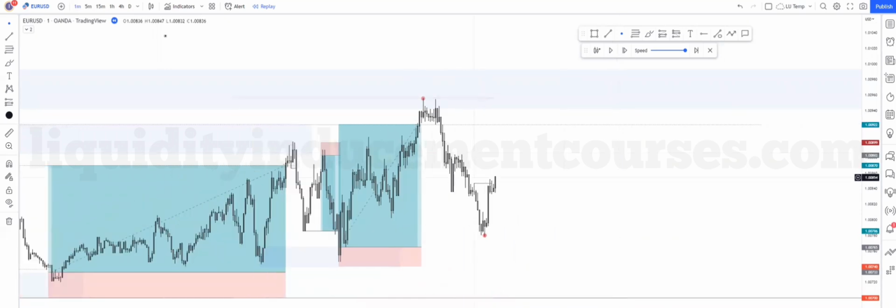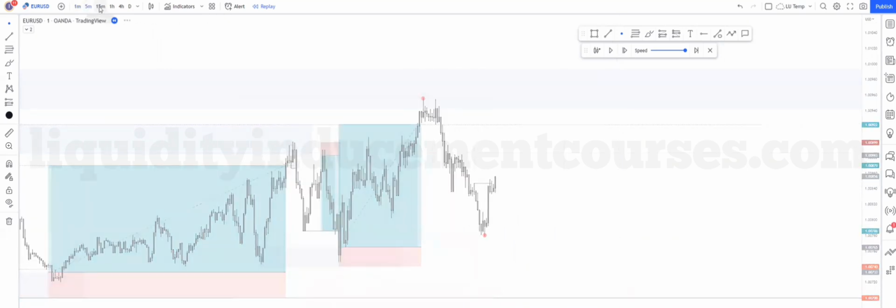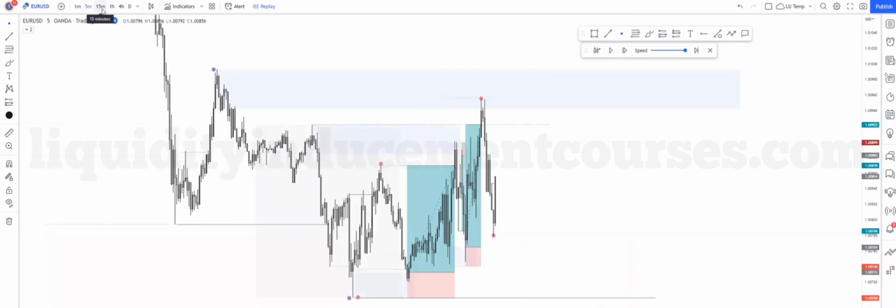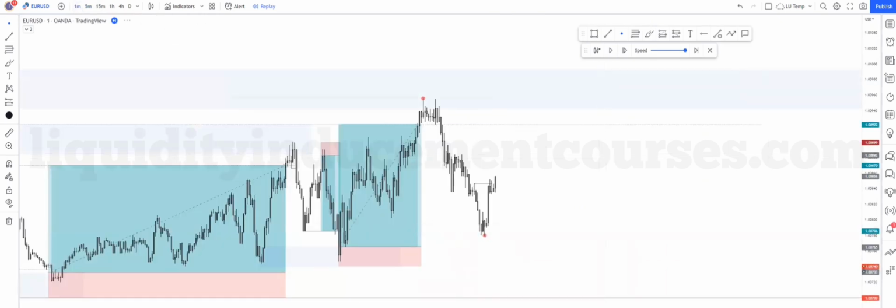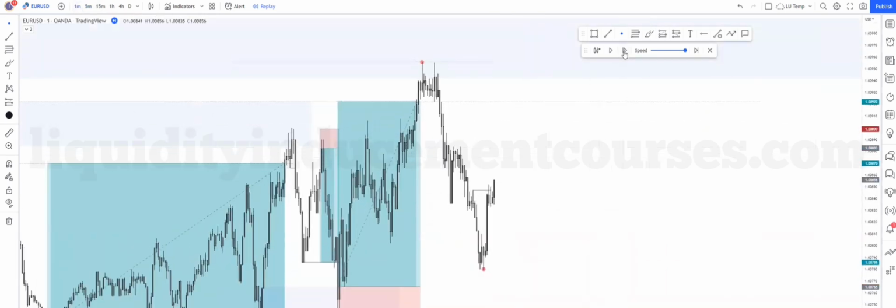So let's go to the 5 minute. I don't got no data yet. Now these are highs feeding into this imbalance. I don't want to go to the 15 minute because I feel like it's gonna show the move. But let me see if I can catch along the counter trend.